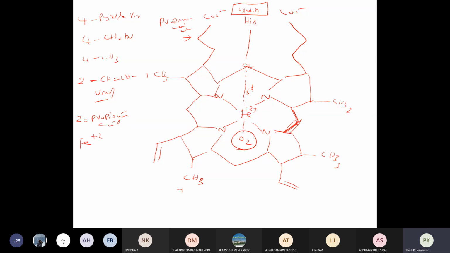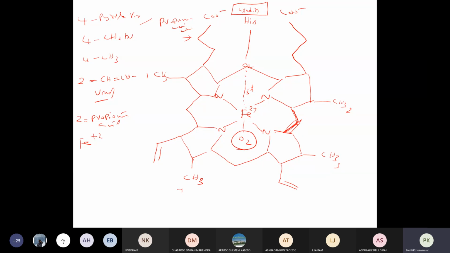So now, it is composed of 4 pyrrole rings, and these 4 pyrrole rings are connected by the 4 methylidine bridges, and the 4 methyl groups are present, 2 vinyl groups, 2 propionic acid chains. Iron atom is present in the center, in the Fe plus 2 state.